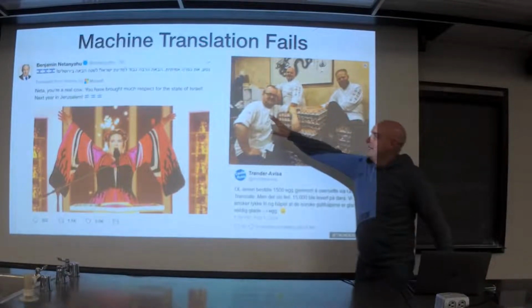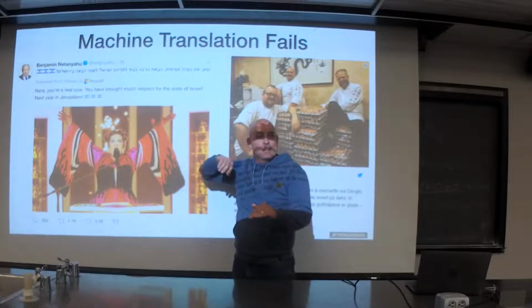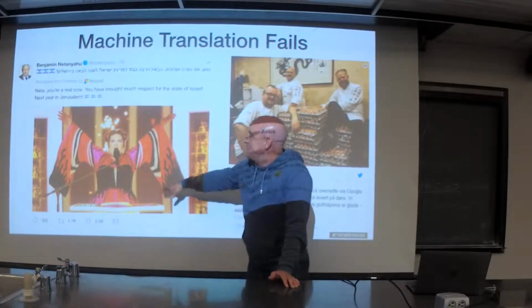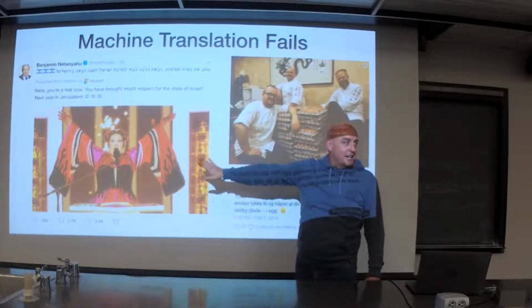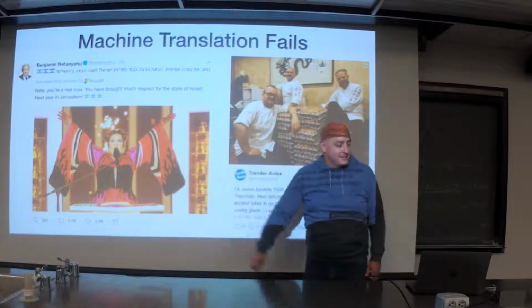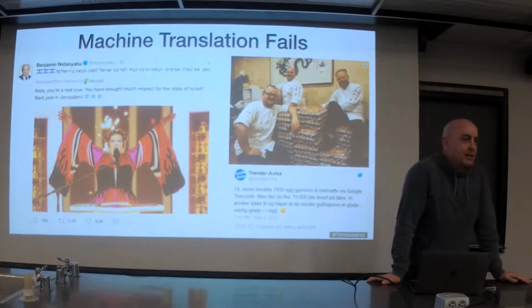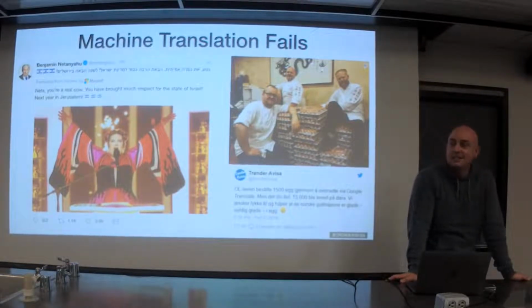He writes in Hebrew some, I'm sure, very complimentary post about Netta, but it gets translated as, Netta, you're a real cow. And I'm sure there's some sort of idiomatic way of complimenting performers in Israel that maybe had to do with bovine characteristics or whatever, but this thing got translated in this way, and this is a pretty massive fail.